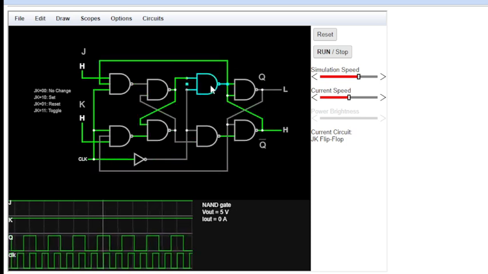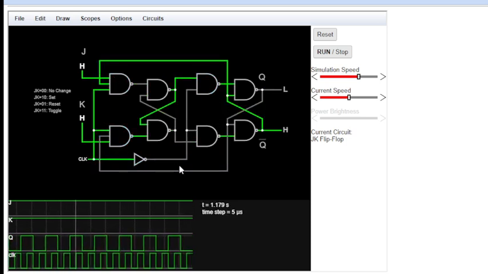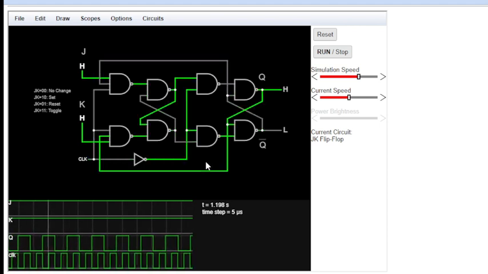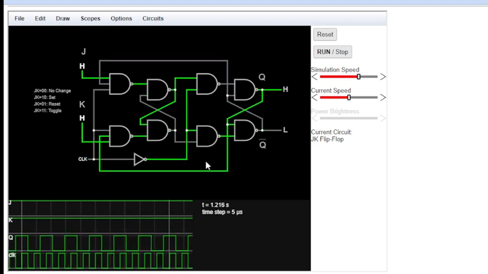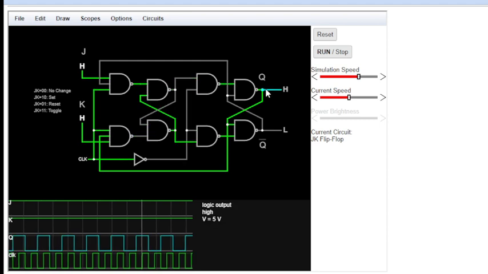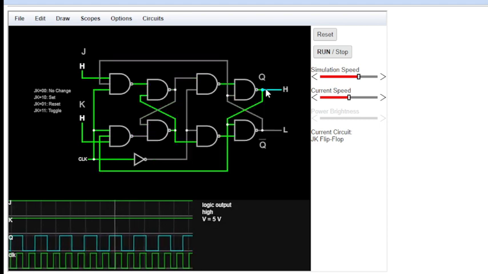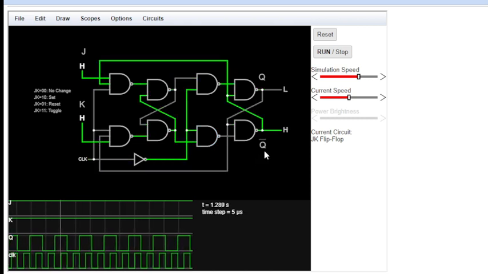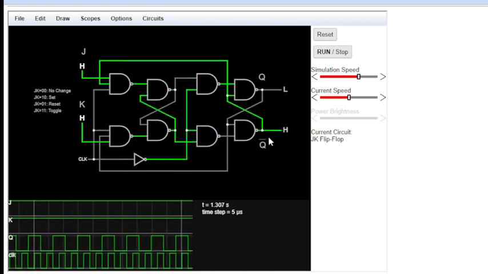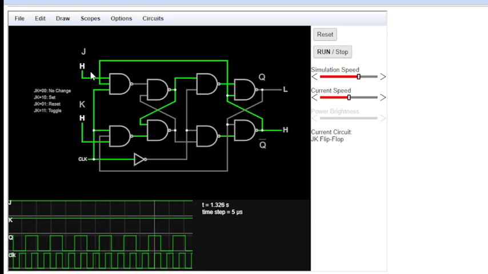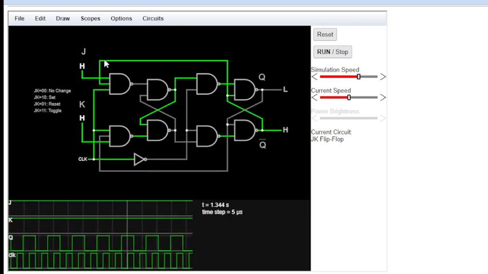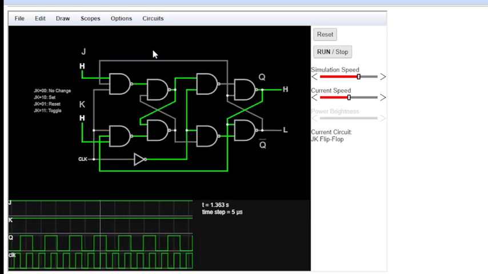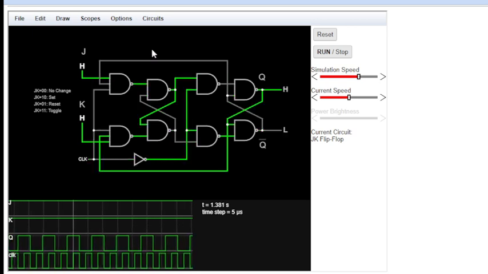Simply, this is like the previous edge triggered flip-flop, but the output Q becomes the input of K, and the output Q slash becomes the input of J. Now we will go towards the working principle of the JK flip-flop.